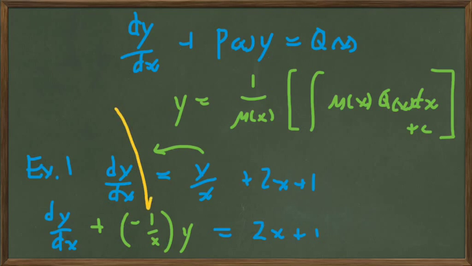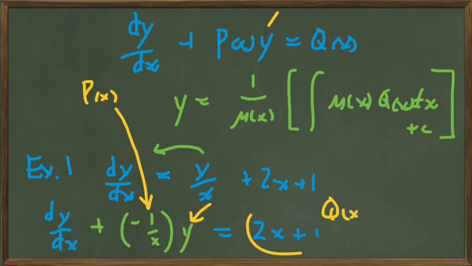So this, the minus 1 over x, is the p of x. Here's the necessary y on the left-hand side, and all of this right here is the q of x.